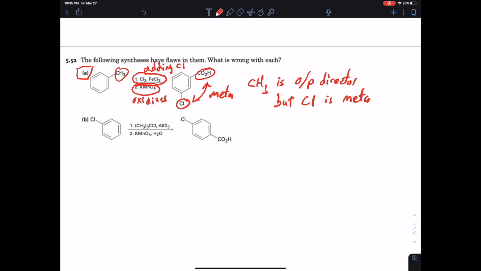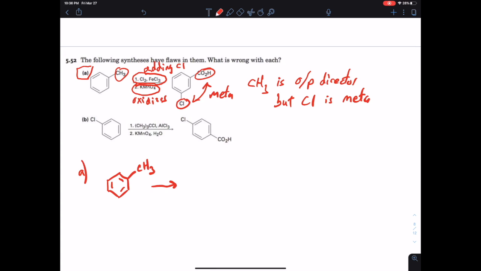So that can't be right. What you could do instead is the oxidation first. Let's do the oxidation first. So here's our ring, and we have our methyl group.